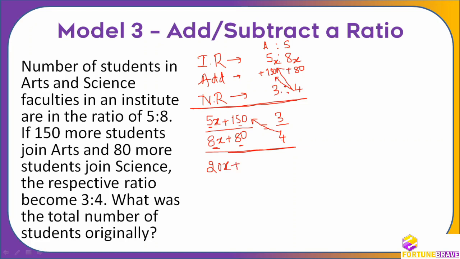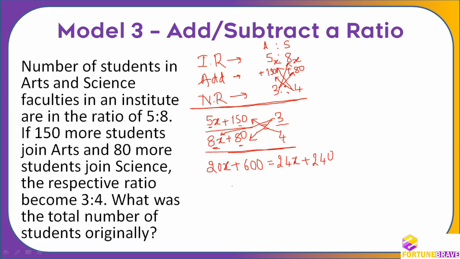So how much it will be? 4 into 150 will be 600 is equal to 3 into 8x. So here you can see 3 into 8x. I'm giving you the clue what we are going to do. 24x. Okay, plus what we are going to do? 3 into 80. So 3 into 80. So what we will get?